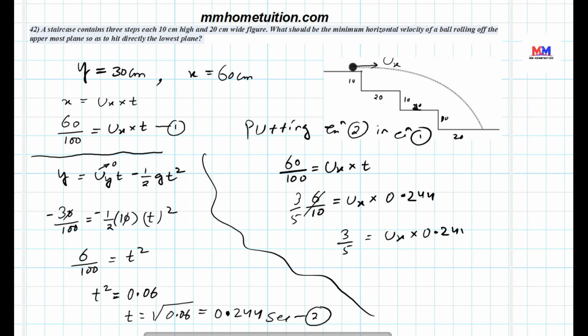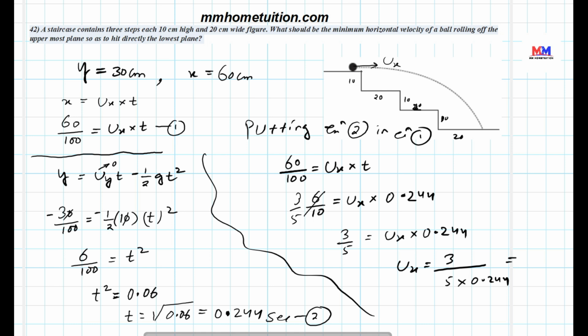Ux equals 3 divided by 5 into 0.244? So ux equals 3 divided by 5 divided by 0.244. 3 by 5 is 0.6.